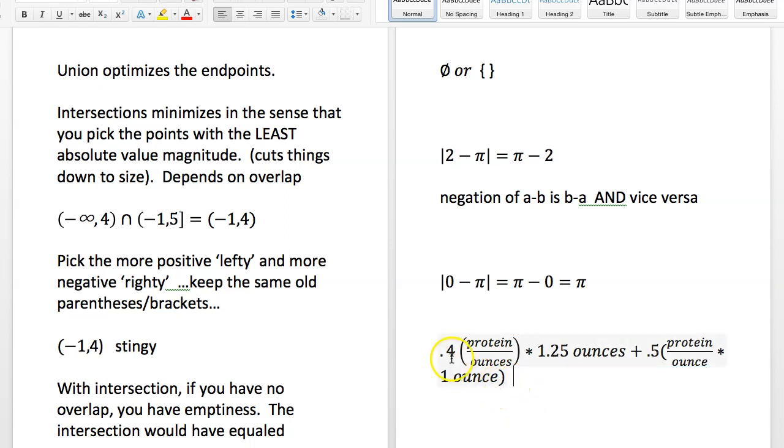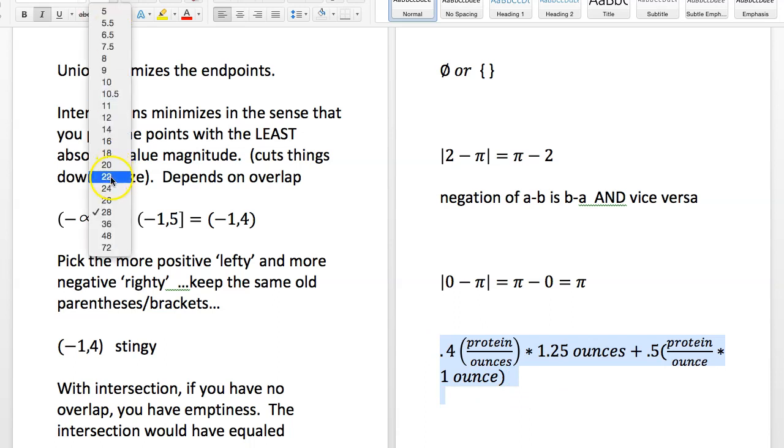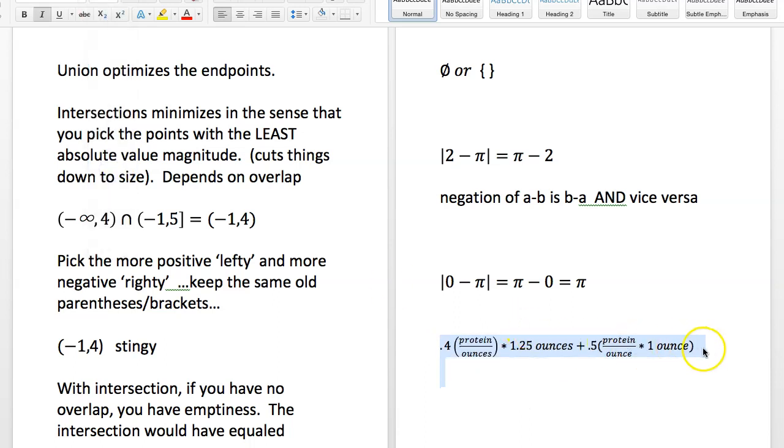I'm going to have to make the font smaller. It's too big for me to work with. So we got that. 0.5 protein per ounce times 1 ounce.